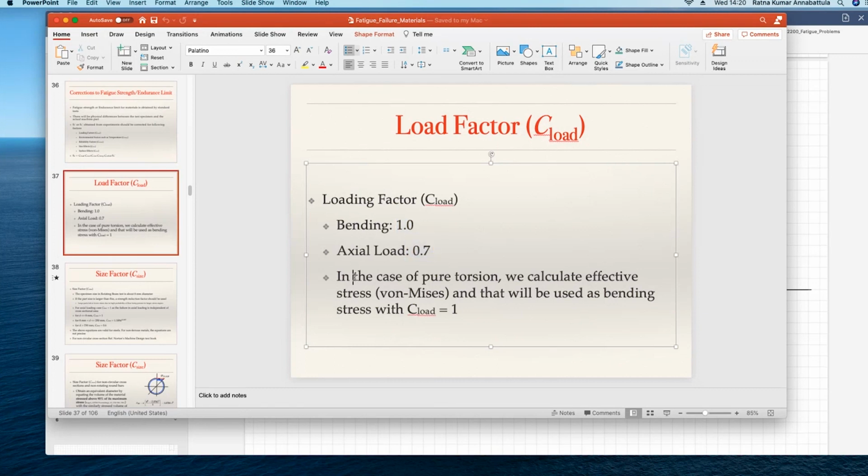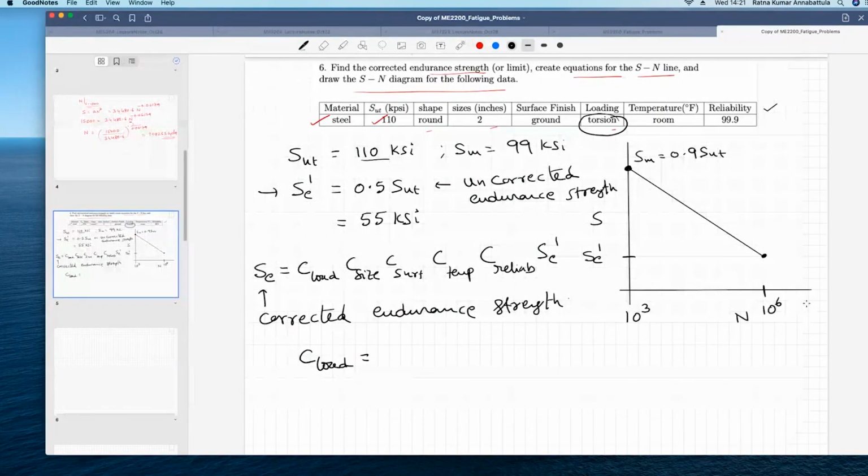But for torsional loading, in case of pure torsion, we calculate effective stress, and that will be used as a bending stress. So in the calculation of your bending stress, you will use effective stress, not the shear stress that you will calculate from the torsion. Since you are using that, you will still maintain your C load to be 1. So in this particular case, C load is equal to 1. It is torsion, but you need to account for that torsional loading in calculating the actual stress amplitude as a von Mises stress amplitude.